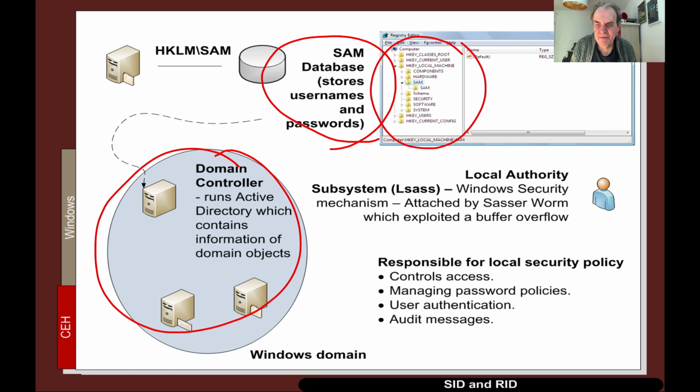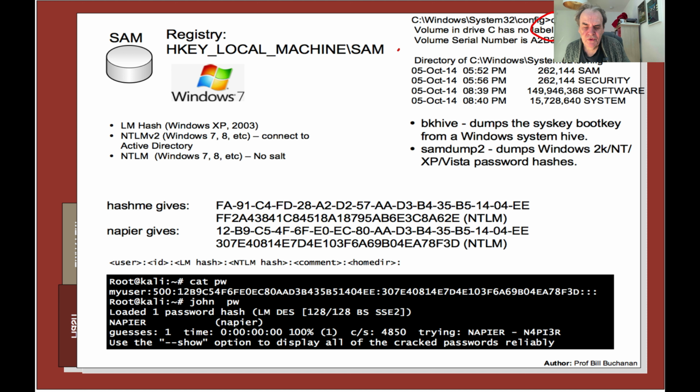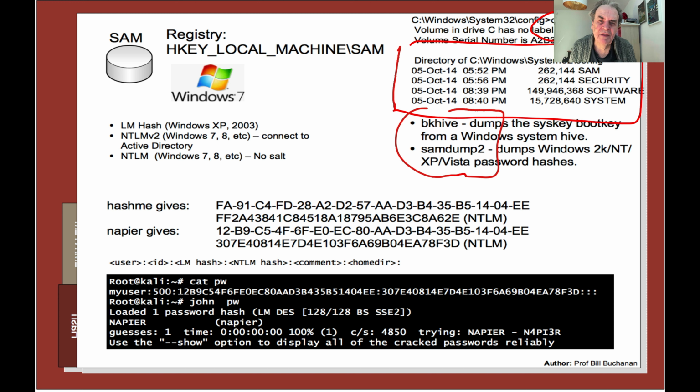And if we do a cold boot, then it's possible to have a look at the SAM here. So in this case, by cold boot, we could take the disk out and we could actually have a look in the Windows System32 config into the SAM hive, and then from there we can use tools of pkhive and samdump2 to be able to export the password hashes from there.